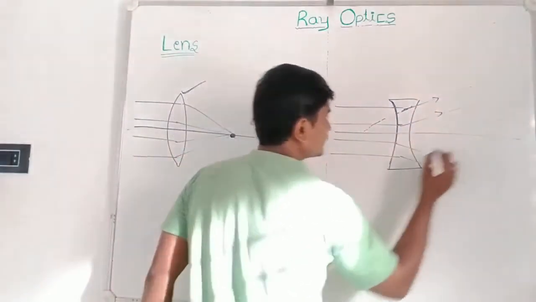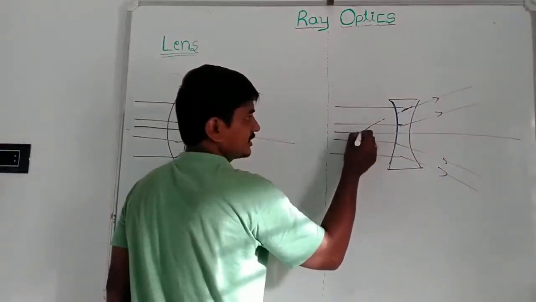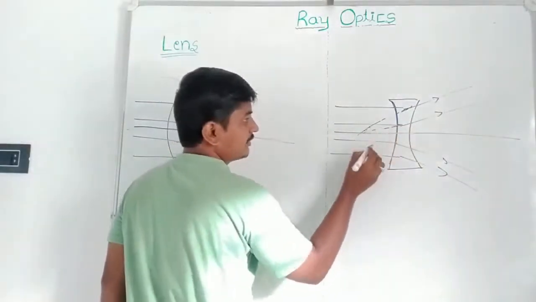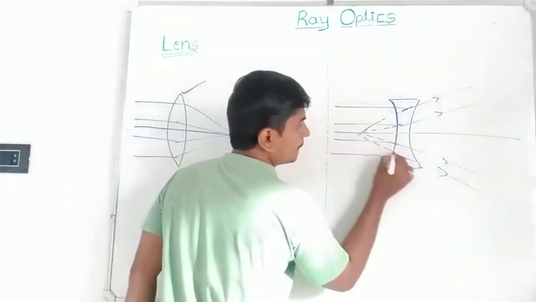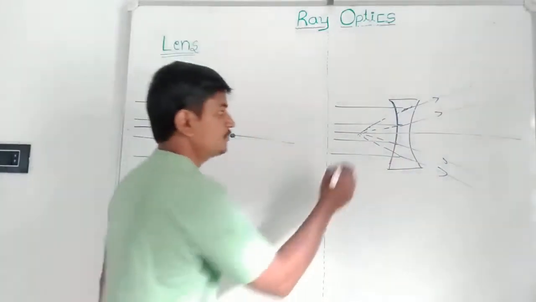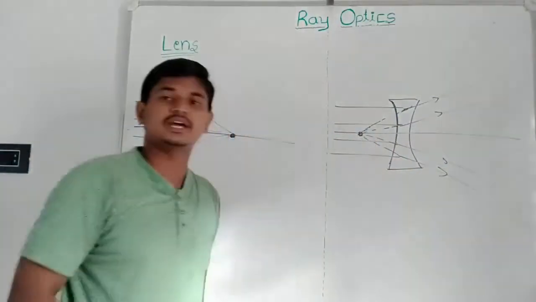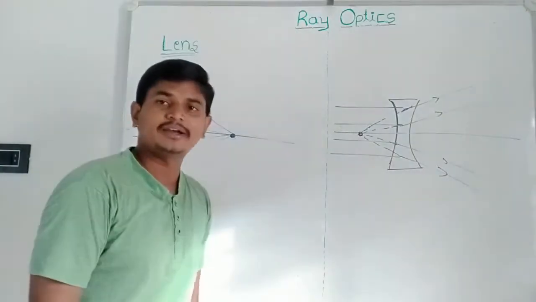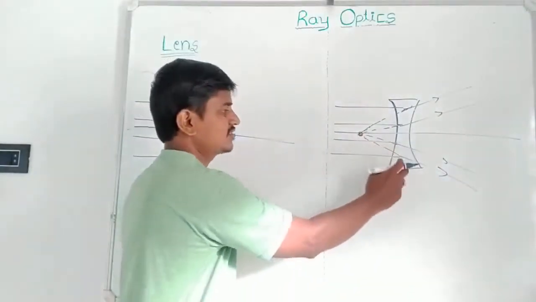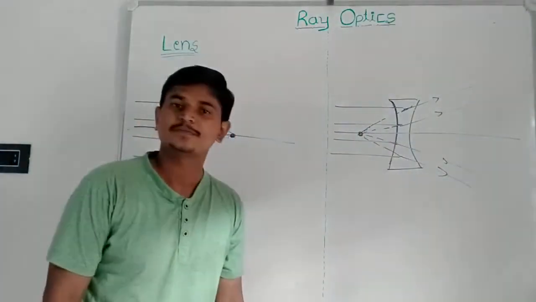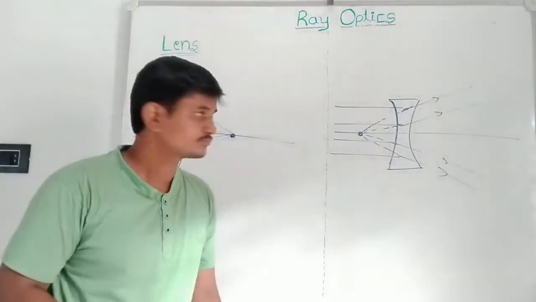This is the principal axis, and these rays appear to be diverging from a single point on the principal axis. This type of lens we call a diverging lens.